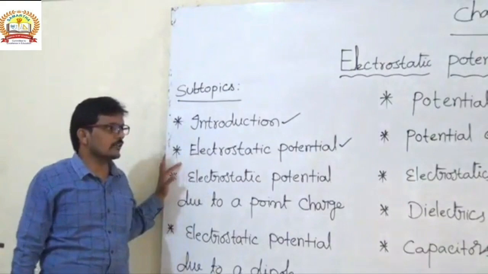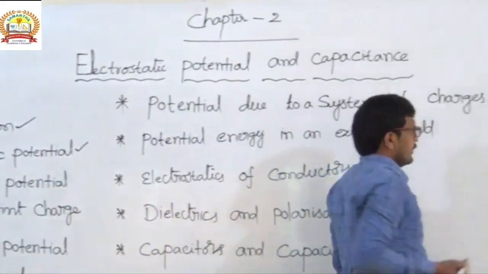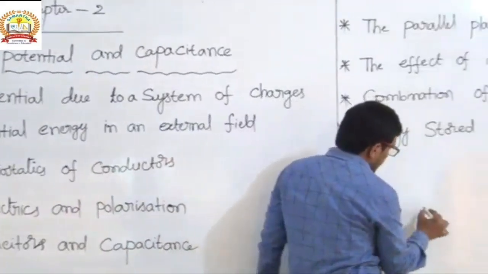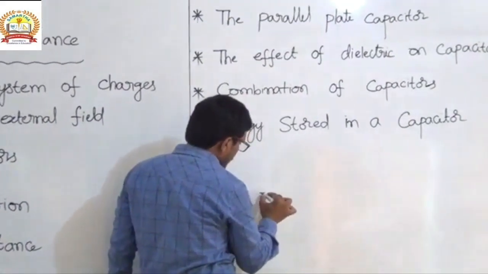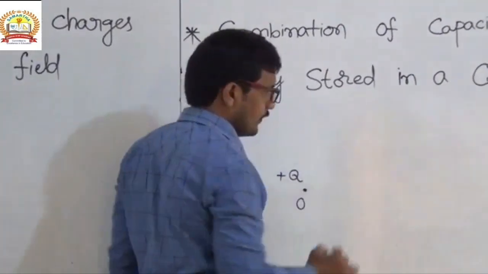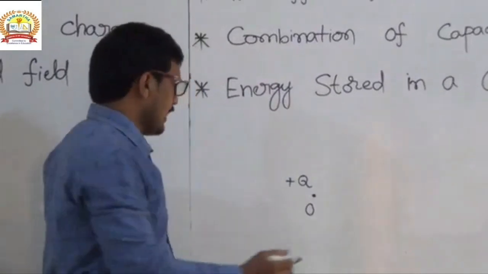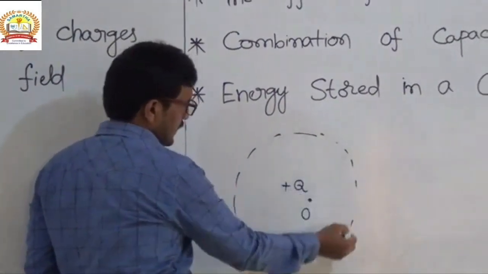The work is required. For example, we place the positive charge Q at point O, and this charge creates the electric field.